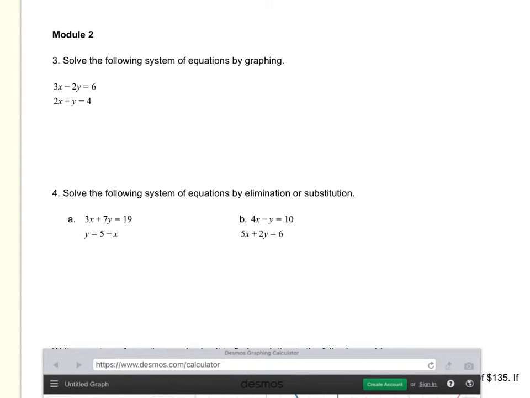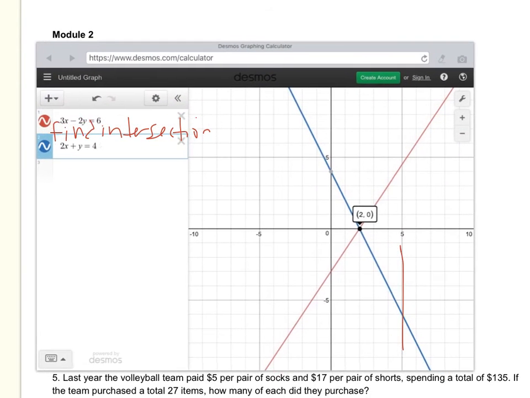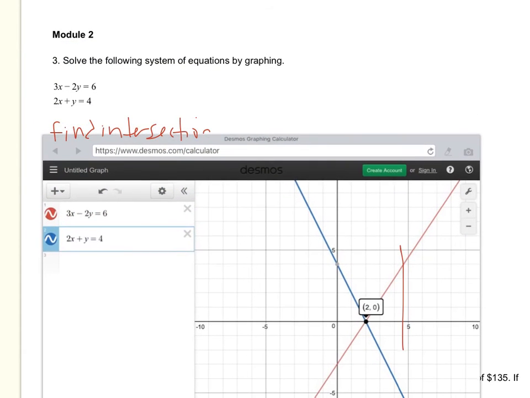Okay, so Module 2 dealt with solving the systems of equations. So when we try to solve these systems of equations by graphing, we're trying to find the intersection. So what I've done here is I went ahead and graphed these two on Desmos.